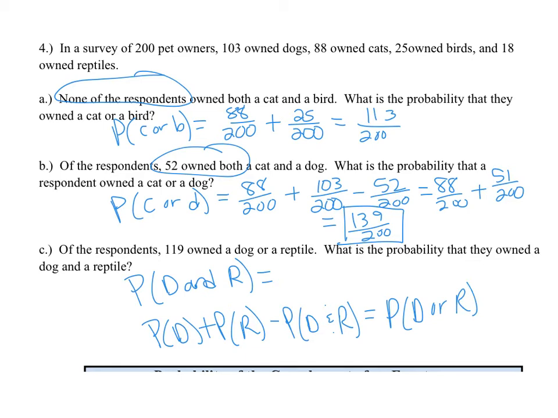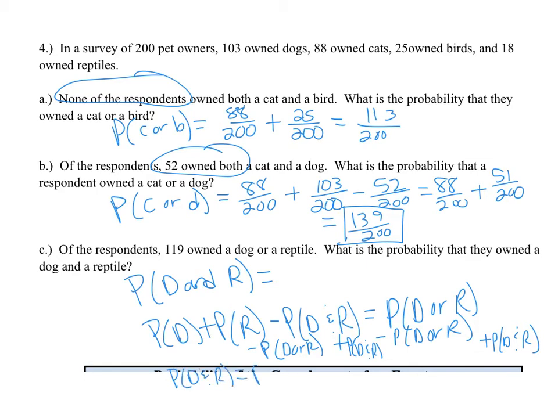But now I'm going to subtract this to the other side, and then add this to the other side, so that my formula is now solved for the probability of a dog and reptile.